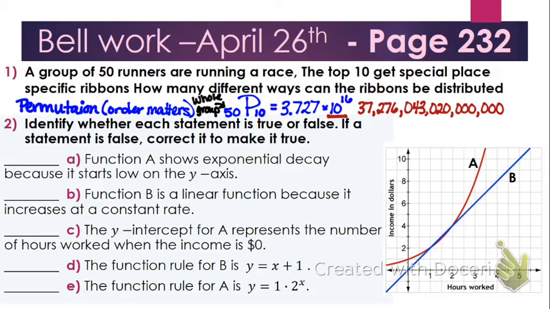That is how many different ways these ribbons could be distributed. Do you understand why the calculator used scientific notation with a number that large?